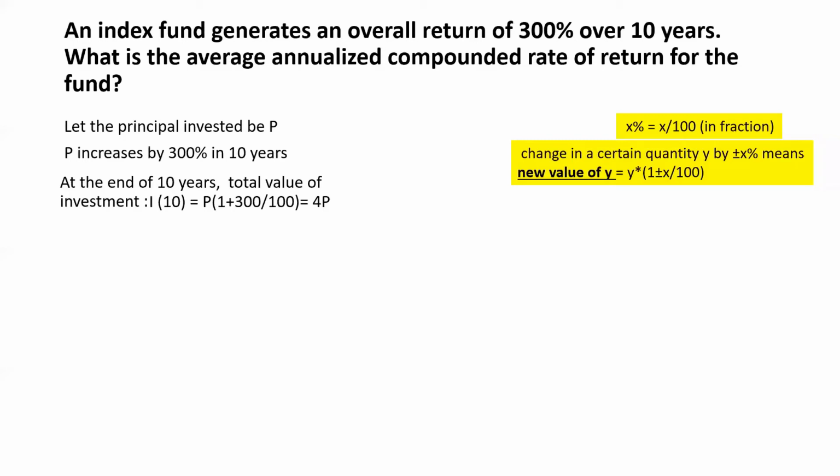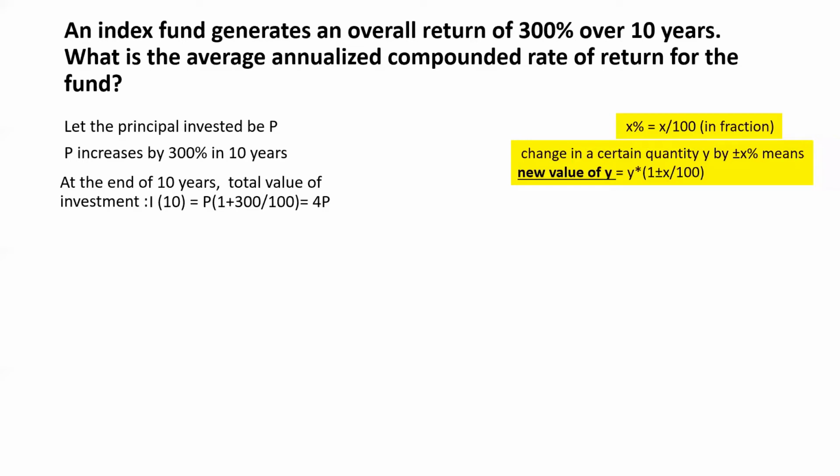So now we have been asked to find out what's the average annualized compounded rate. And that's not going to be, let me clarify, 300 divided by 10. That will be a mistake because the math of compounded interest doesn't work uniformly.